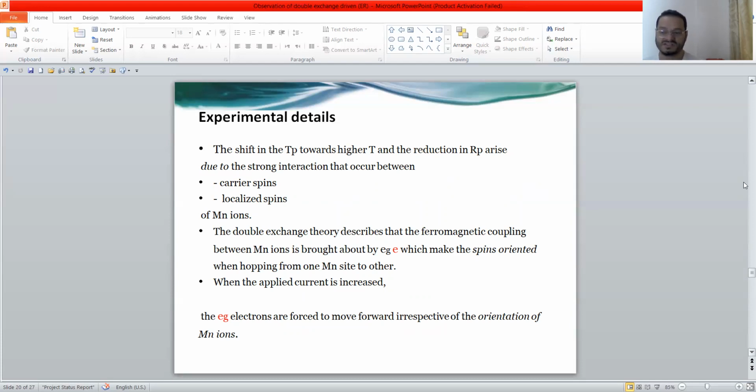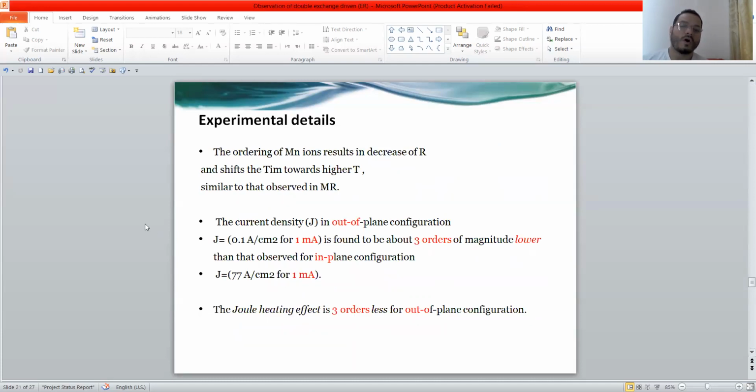The disordering of manganese ions results in a decrease of resistance and shifts the metal-insulator transition towards high temperature, similar to that observed in magnetic resistance.